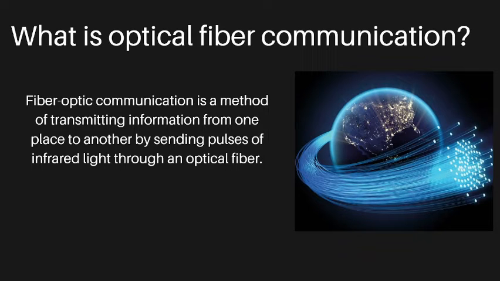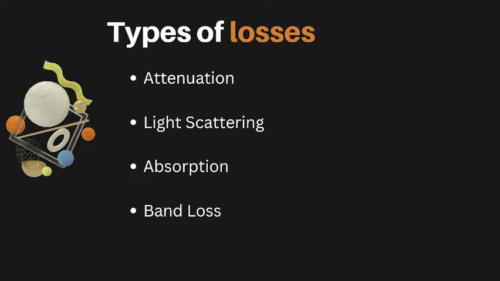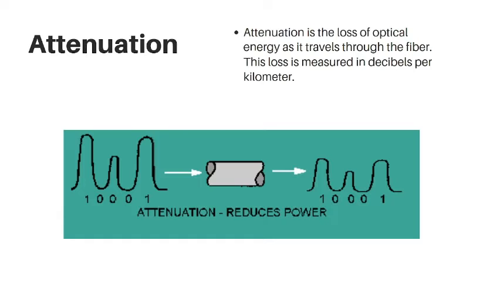Let us see the types of losses. First is attenuation, then scattering, then absorption, and then bend loss. Attenuation simply means that as distance increases from a transmitter to a receiver, the power of the data or signal is reduced.